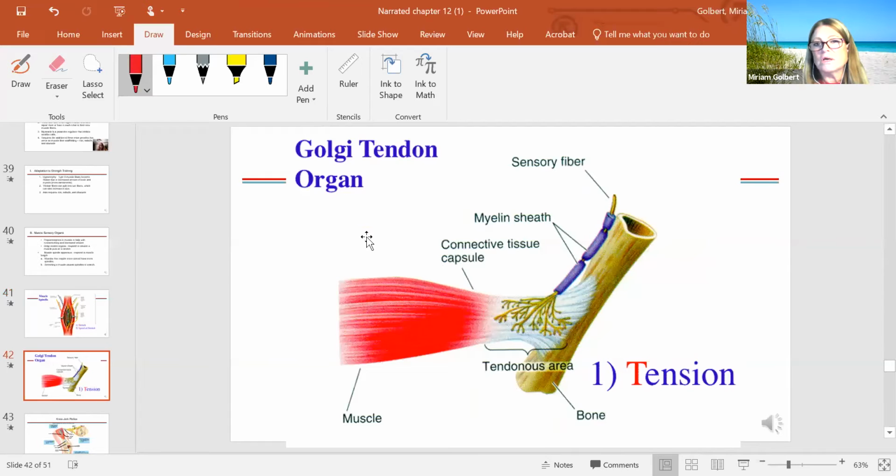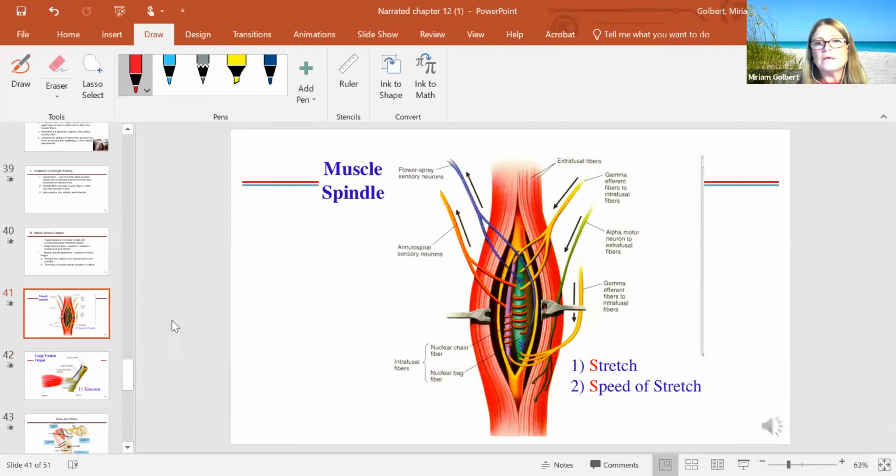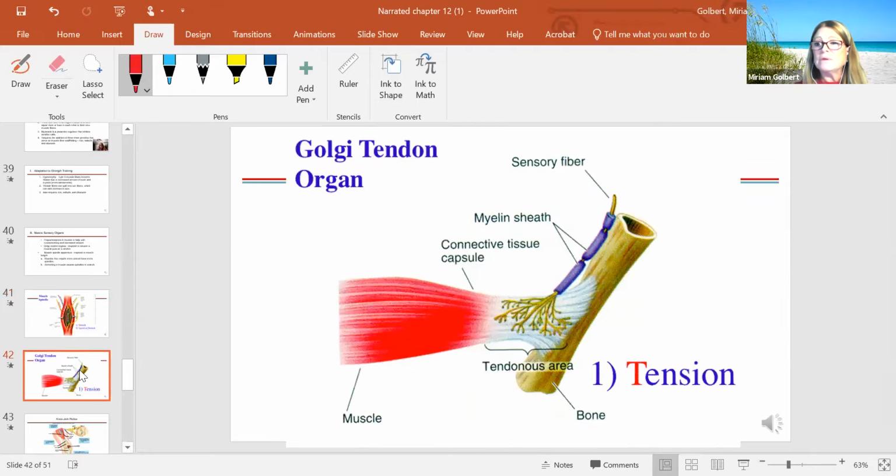In this case, it is called the Golgi tendon. And here you have the muscle spindle. But these are proprioceptors, which means that it gives your brain an idea of the position of the body, especially these ones because they're close to the bone. So when we move, that will give us an idea of our position.